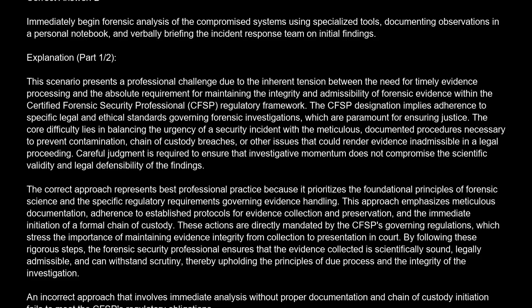By following these rigorous steps, the forensic security professional ensures that the evidence collected is scientifically sound, legally admissible, and can withstand scrutiny, thereby upholding the principles of due process and the integrity of the investigation. An incorrect approach that involves immediate analysis without proper documentation and chain of custody initiation fails to meet the CFSP regulatory obligations.